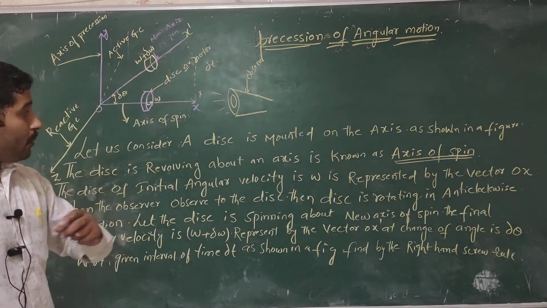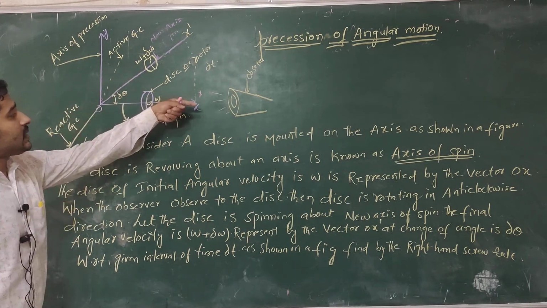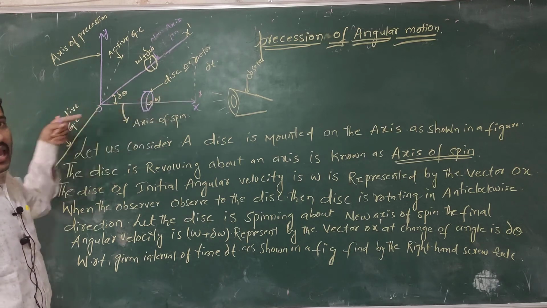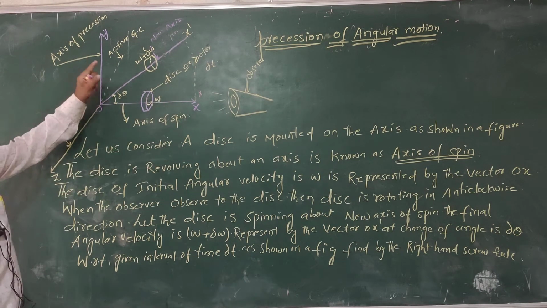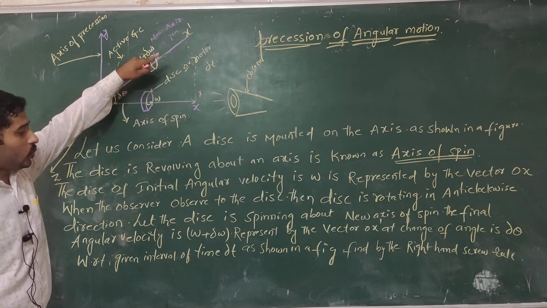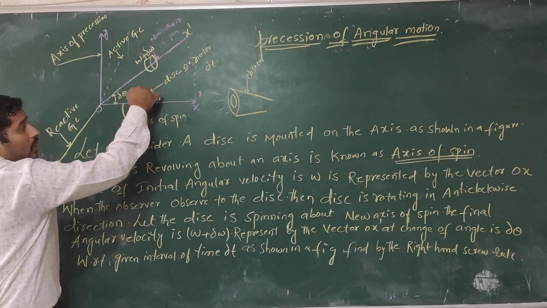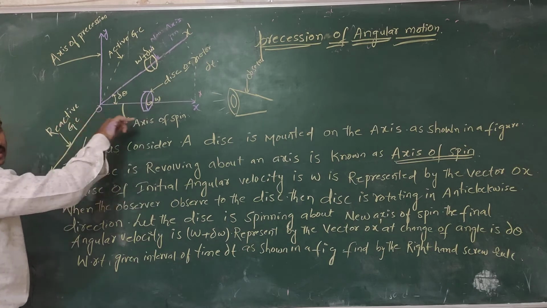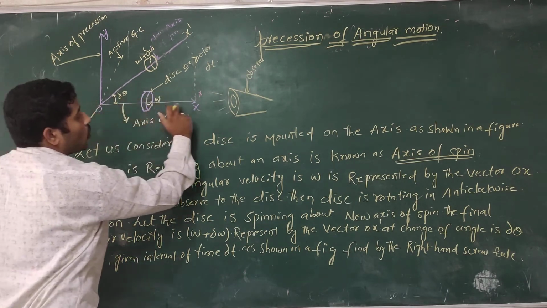So let us again, I will explain. Let us consider that this is mounted on an axis, which we can say is the axis of spin. The disk is rotating from the initial velocity to the final velocity. The disk is mounted on the axis, represented by the vector OX.